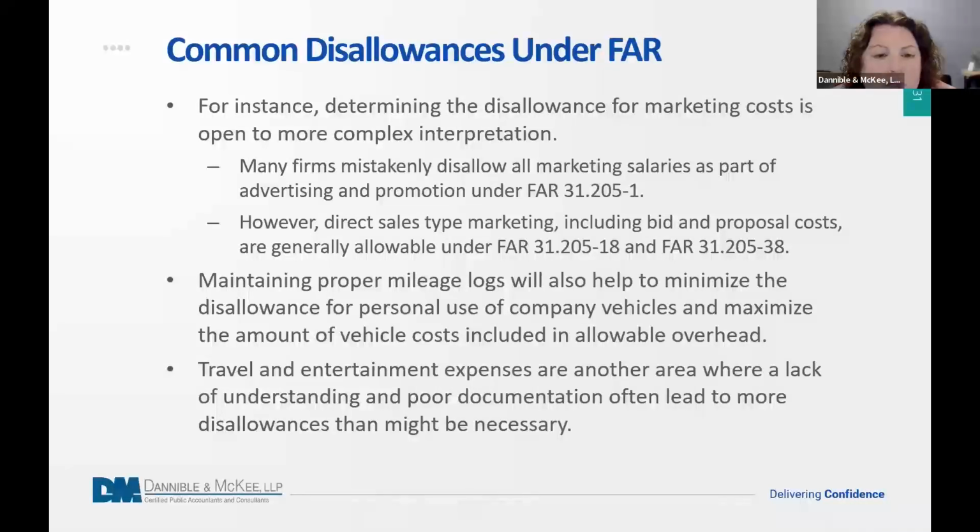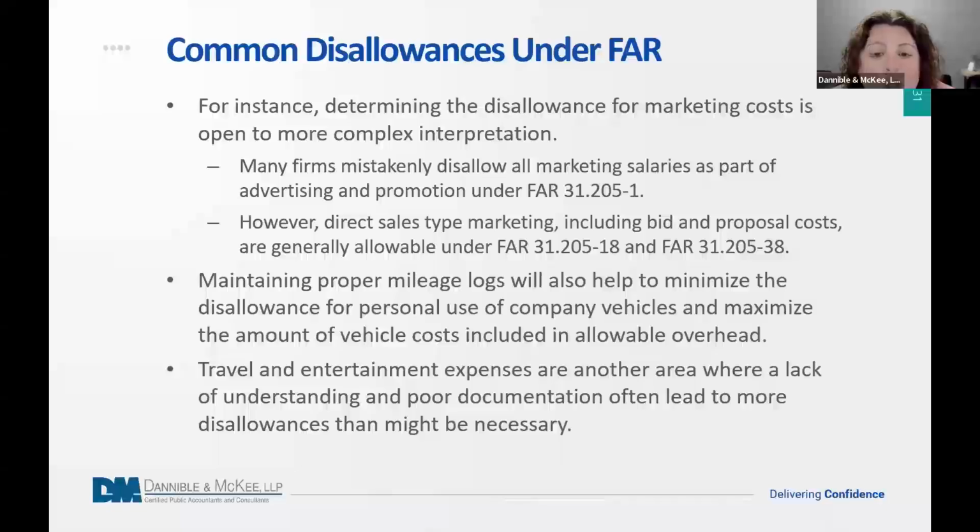Vehicles. If you have a company vehicle, it's really important that you're utilizing mileage logs to help minimize the disallowance for personal use. It's really important that you are tracking your personal use to ensure that you know how much of that vehicle is for business use versus personal.